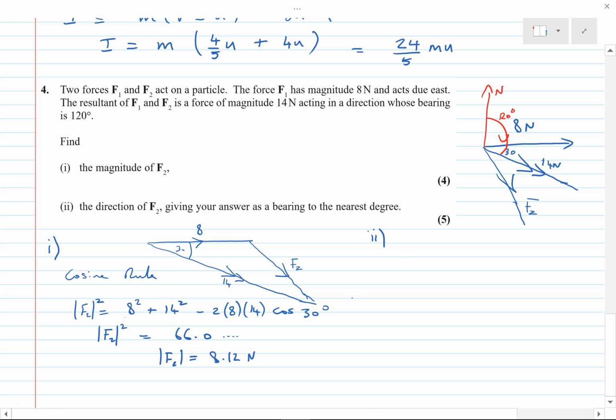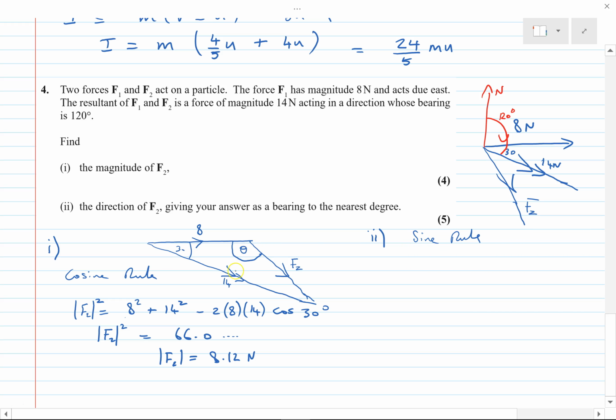So yeah, we need to work out the bearing that F2 is going on, but in order to do that we certainly need this angle here, theta. Once we've done that we can convert it to a bearing, but let's work that angle theta out first, and we're going to use the sine rule now.